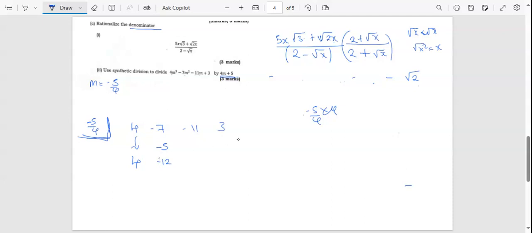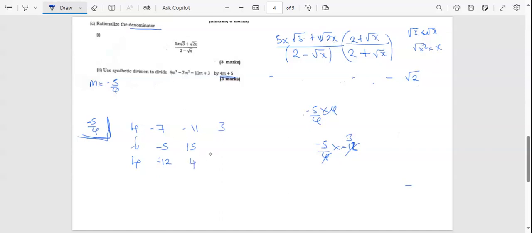Then again, we multiply negative 5 over 4 times negative 12, which will be positive 15. So positive 15 plus negative 11 gives you 4.